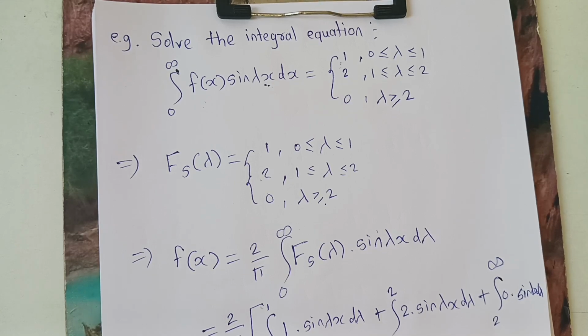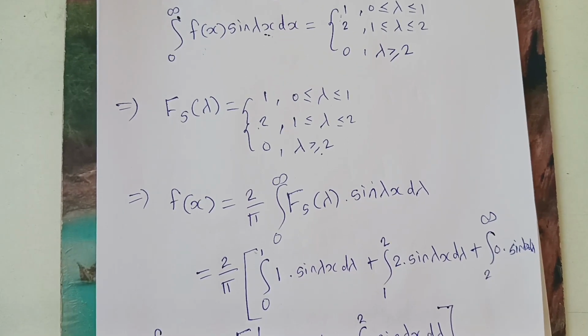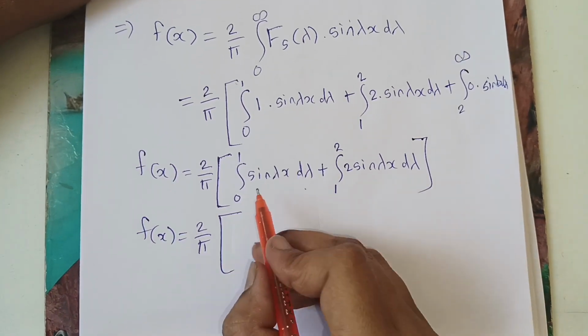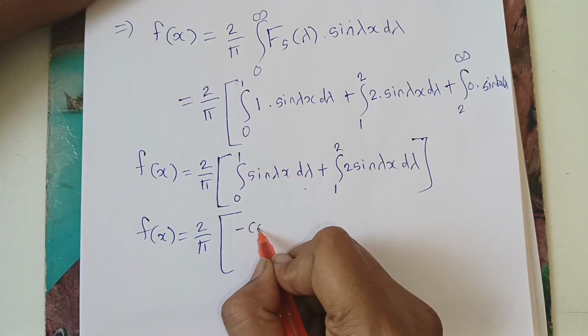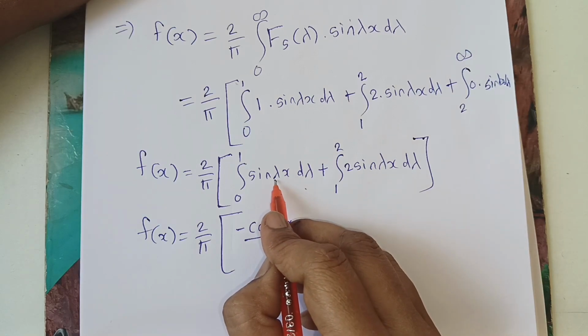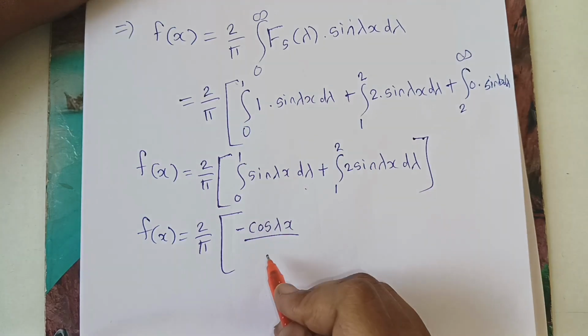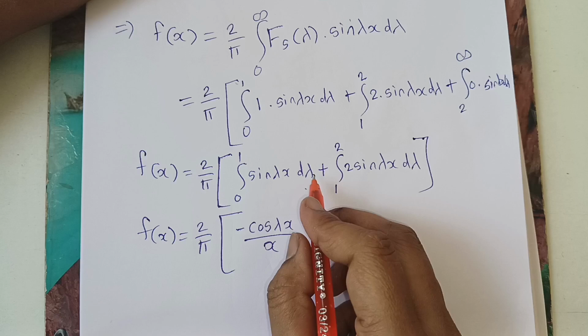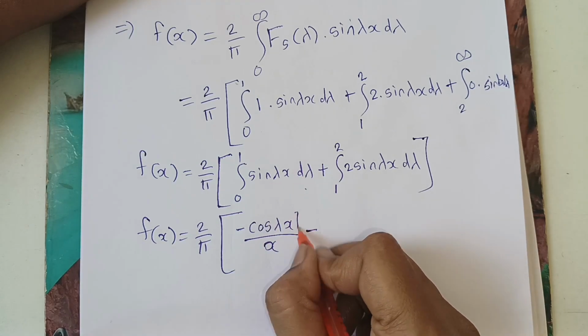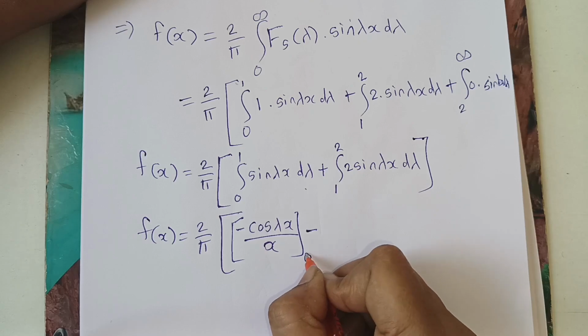Now you have to integrate with respect to lambda, since the variable of integration is lambda. The integration of sine will be minus cos lambda x, and since the variable is lambda and its multiple is x, we divide by x, with range of integration 0 to 1.